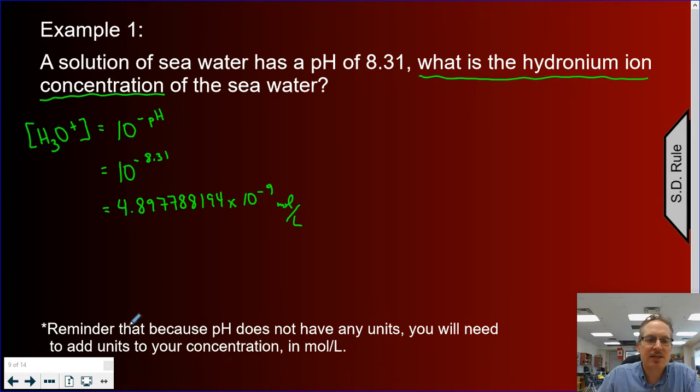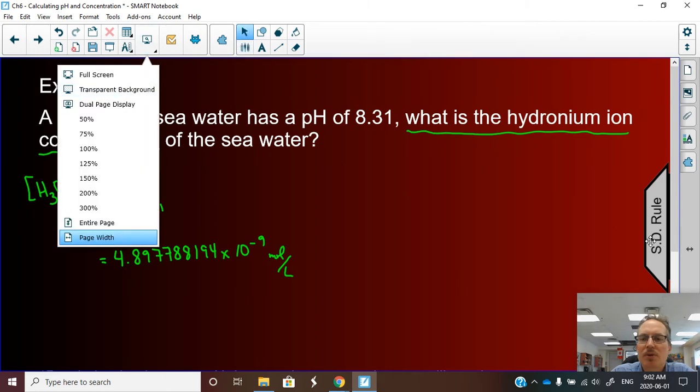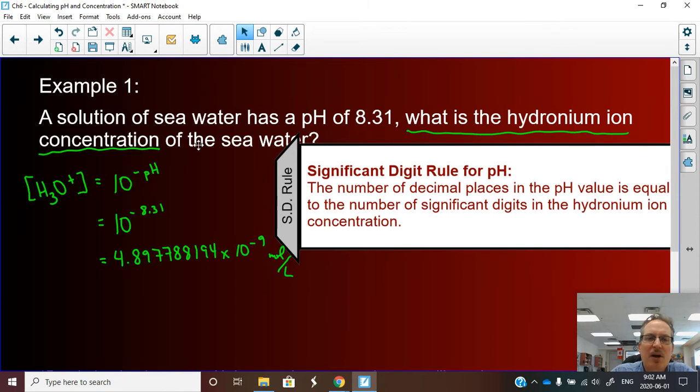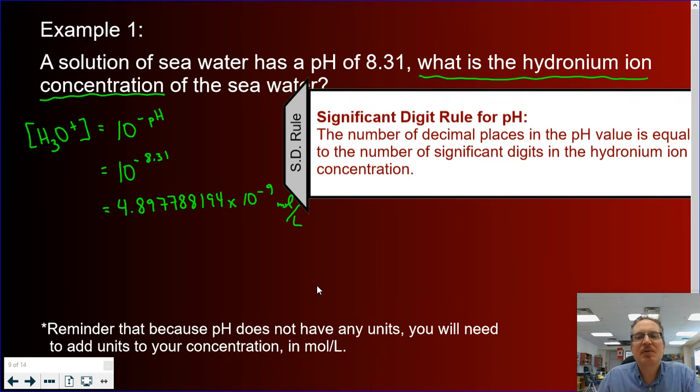So what I would like to do is remind you of our little pH rule. Our interesting little pH rule, if you will remember, says the number of decimal places in the pH value is equal to the number of sig digs in the hydronium ion concentration. So if we know that this is a pH value and it's got 2 decimal places, therefore my concentration is going to have 2 total significant digits.